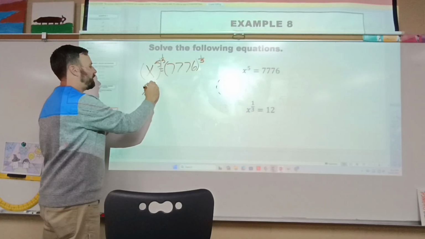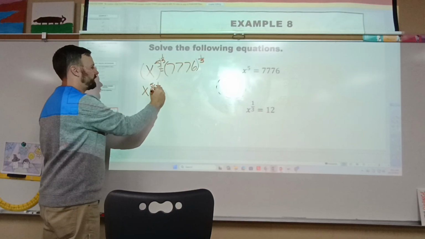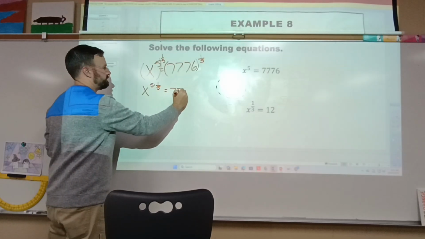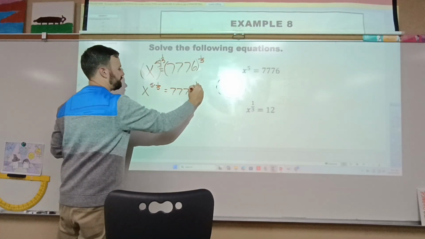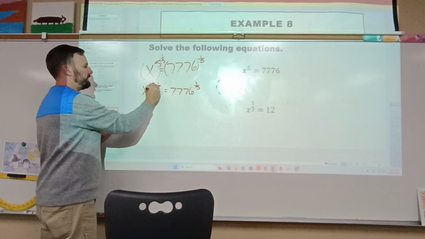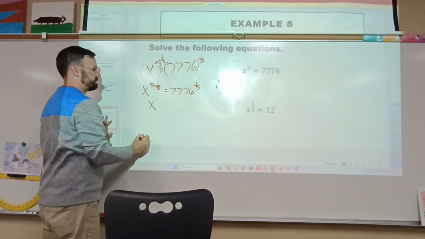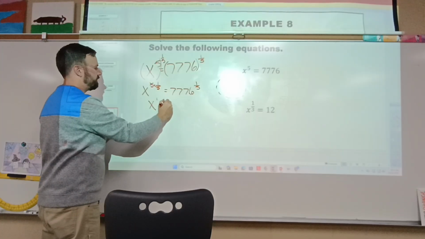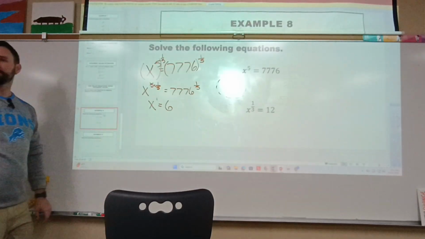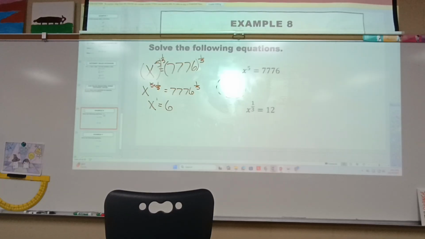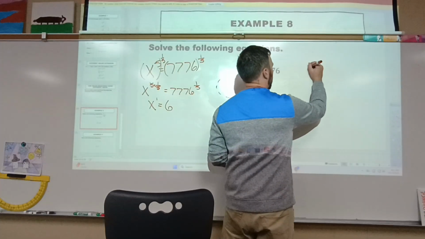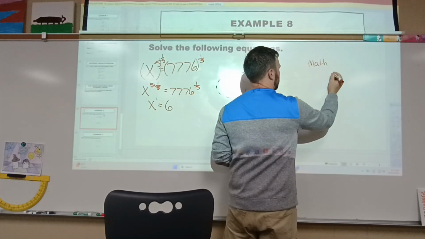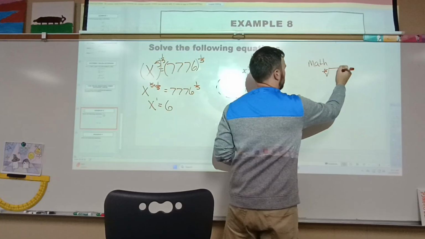So according to my power rules, I multiply those exponents. Five times a 5th is 1. And then this I plug in my calculator, and it is 6. Now, in your calculator, if you hit the math button, there's a root symbol.